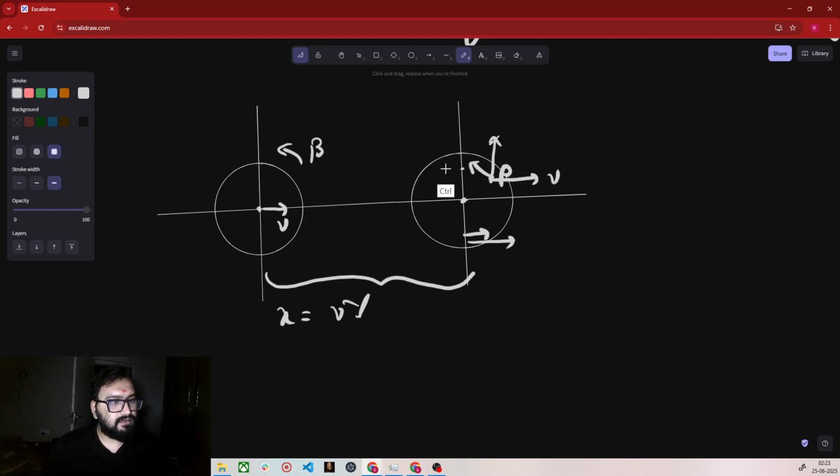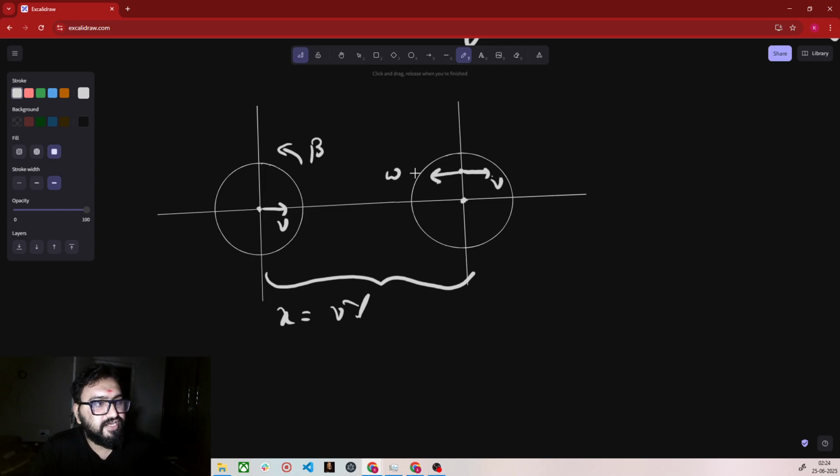So if I try and explain this to you, let's say my instantaneous axis of rotation is at this point at this time. It will have two components. One would be the translational velocity, and the second one would be my rotational component, which is omega into y, right?